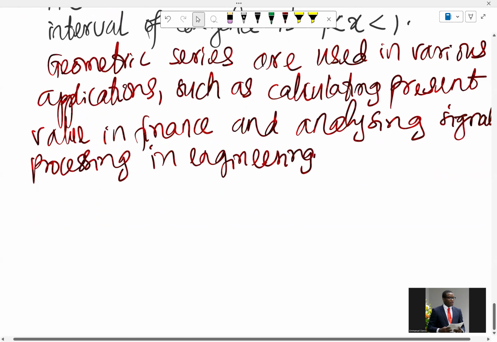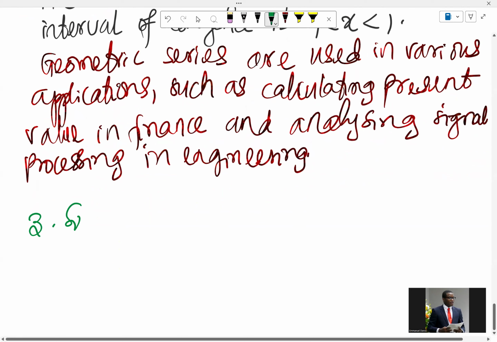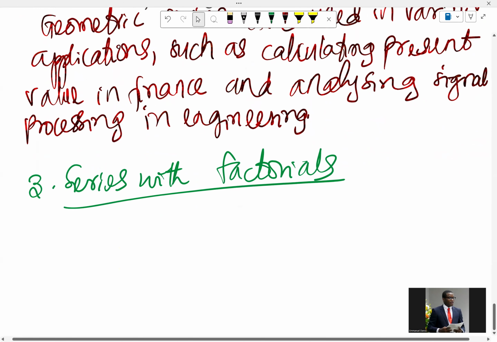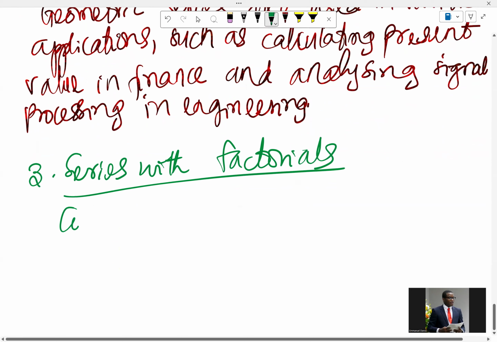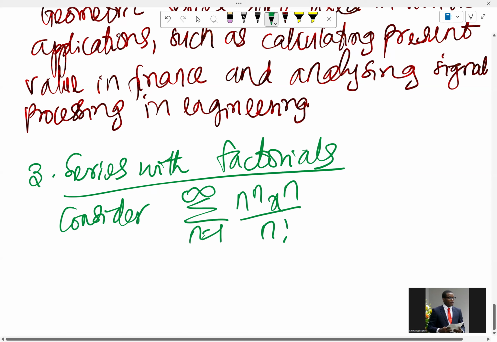Series with factorials, that's number 3. So for series with factorials, consider summation from n equals 1 to infinity of n raised power n, x raised power n, all over n factorial.